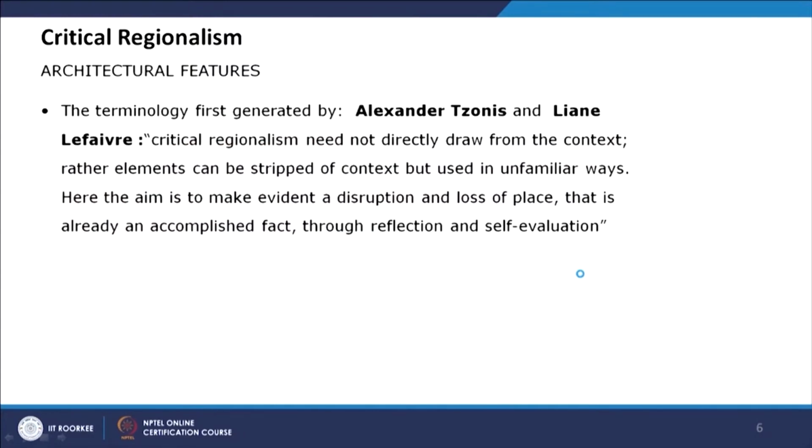The terminology of critical regionalism was first generated by Alexander Tzonis and Liane Lefaivre. They are saying critical regionalism need not directly draw from the context. Rather, elements can be stripped of the context but used in unfamiliar ways. Here the aim is to make evident a disruption and loss of place that is already an accomplished fact, through reflection and self-evaluation.